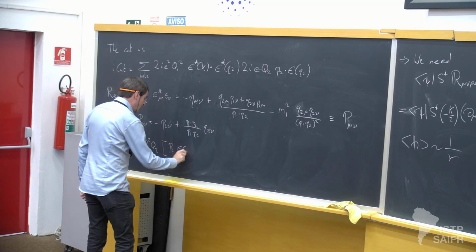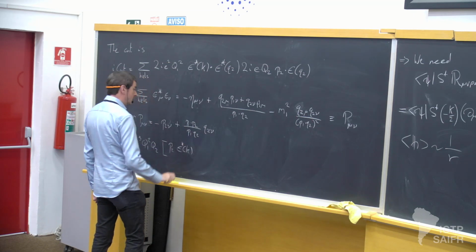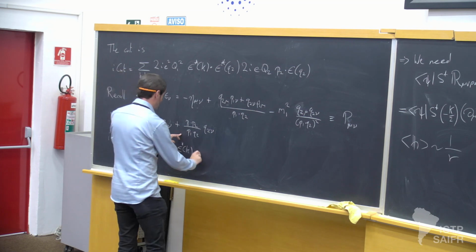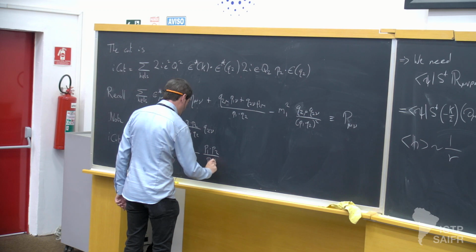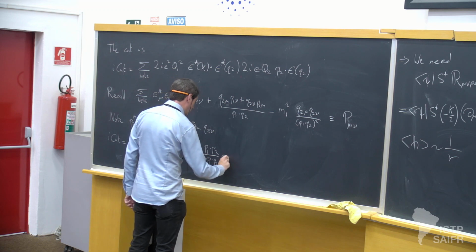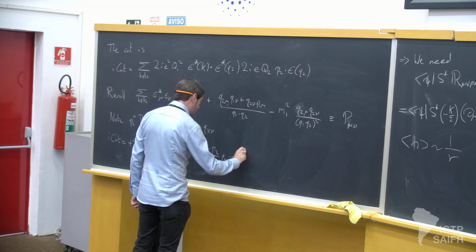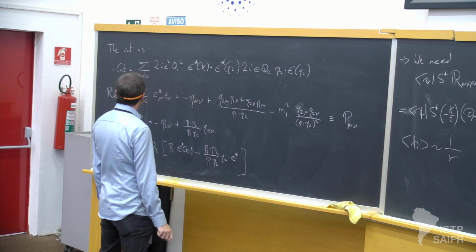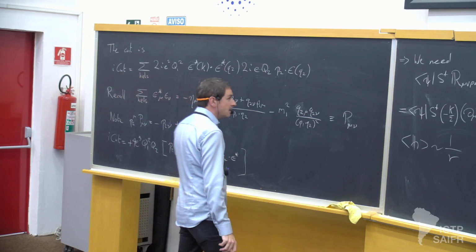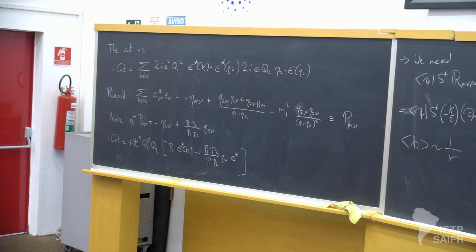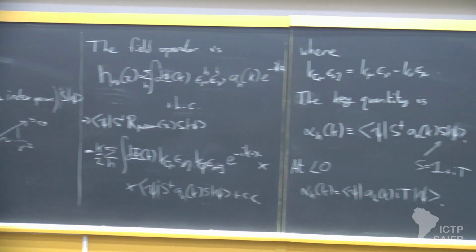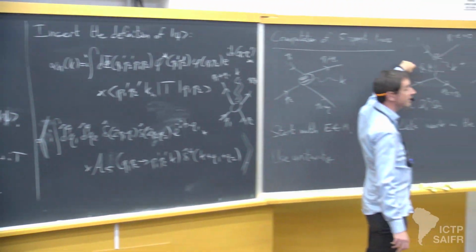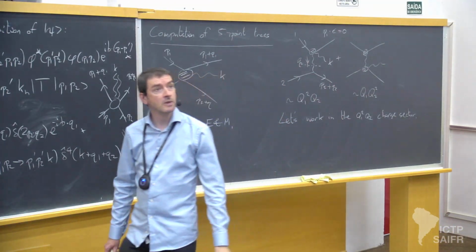P2 dot epsilon of k star minus P1 dot P2 over P1 dot Q2 Q2 dot epsilon star. Okay, and that's basically that. The amplitude is going to be basically that cut times the photon propagator, which I didn't put in, 1 over Q2 squared.